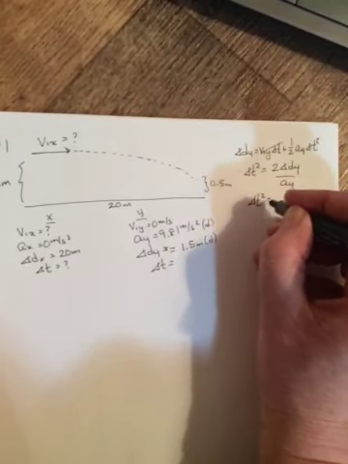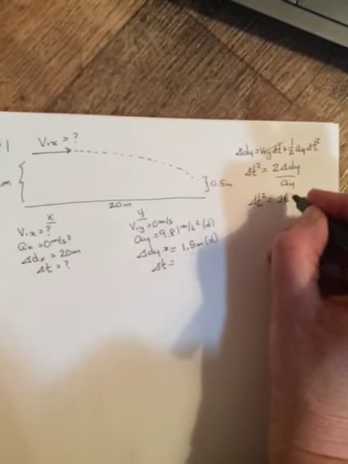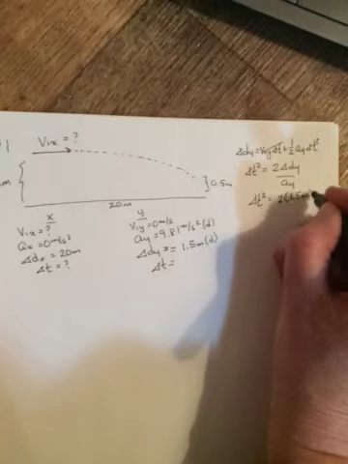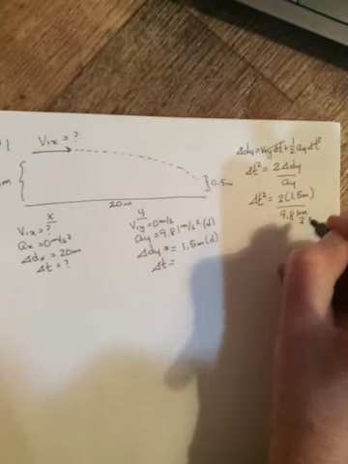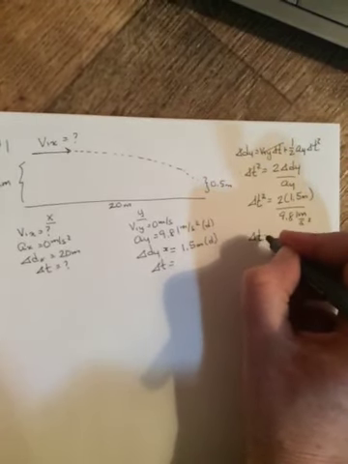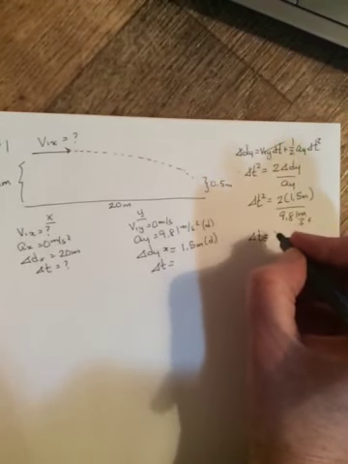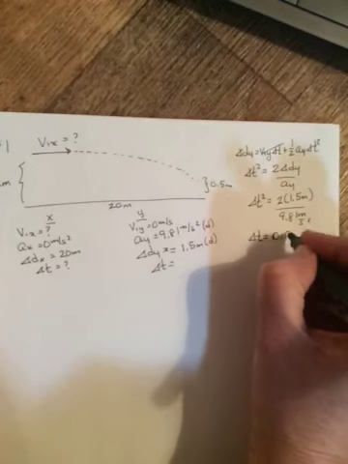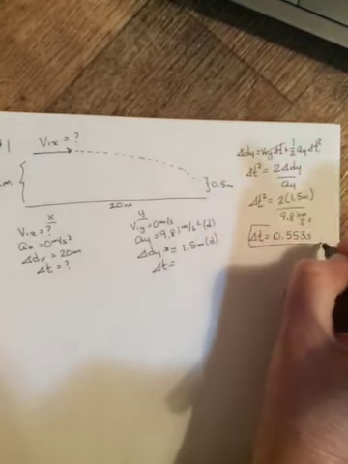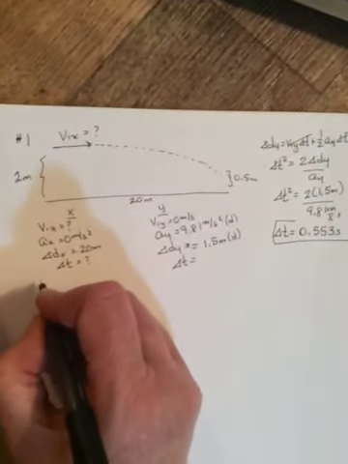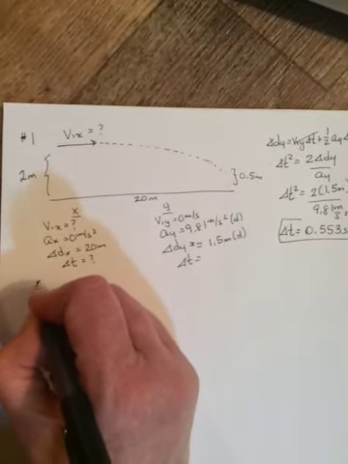So delta t squared is equal to 2 times 1.5 meters over 9.81 meters per second squared. Don't forget to take the square root, and when you do, you get a time of 0.553 seconds.